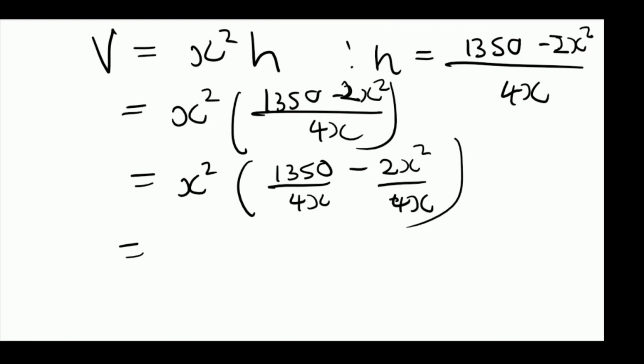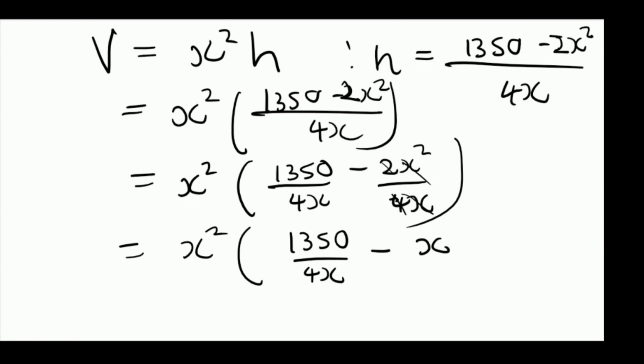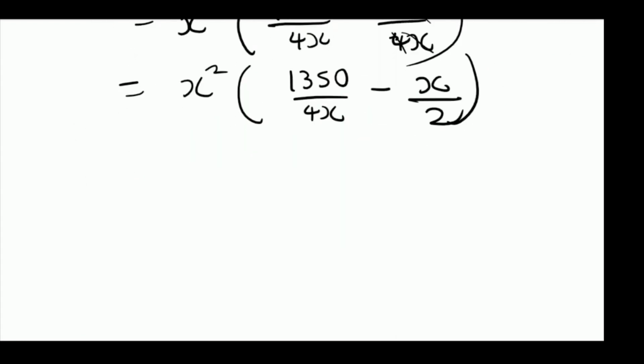So we'll have x squared times 1350 over 4x minus, so this x will go away with that one. You will remain with, and then these two will divide out with this, so you have x over 2. So this is the expression of the volume, right? So the volume is equal to that.